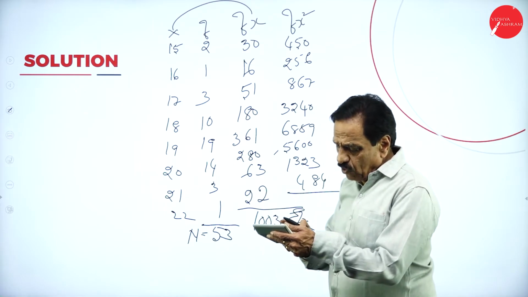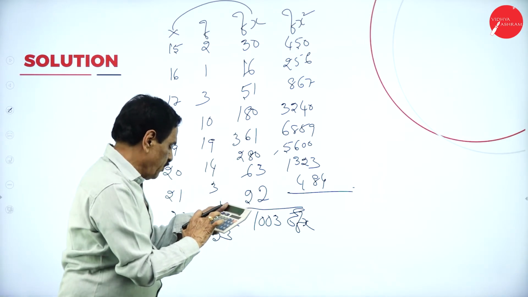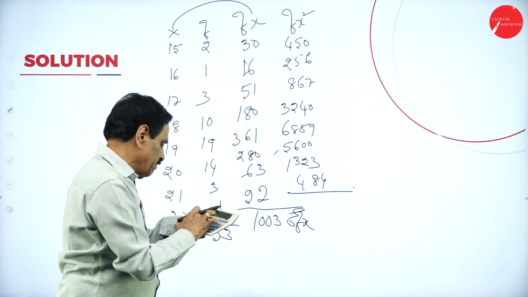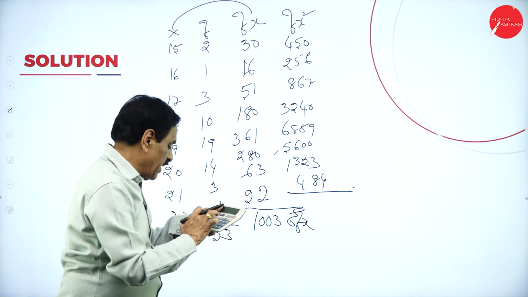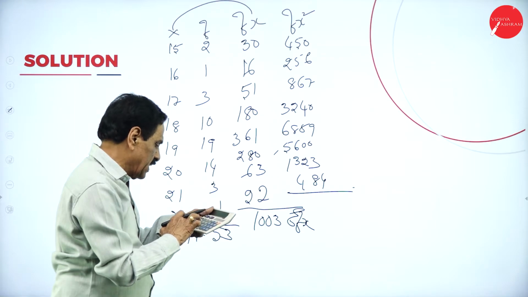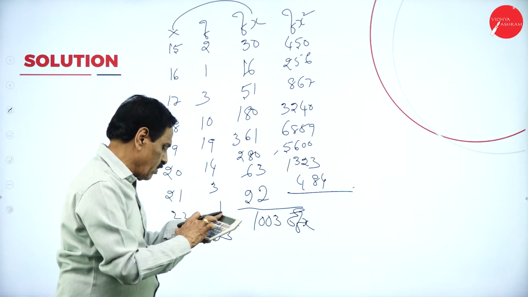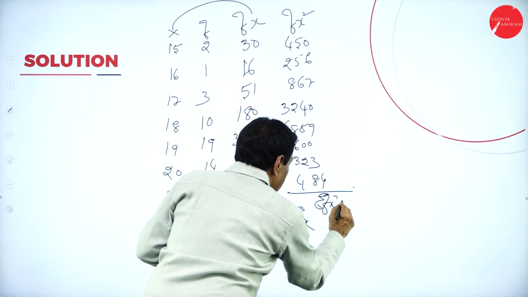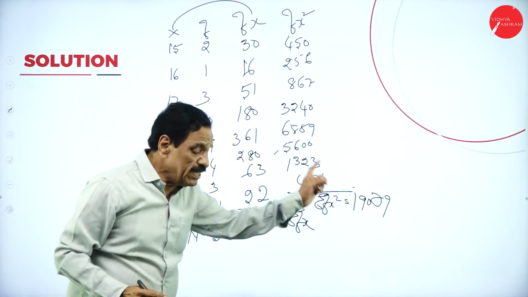The first number is 450, plus 256, plus 867, plus 3240, plus 6859, plus 5600, plus 1323, plus 484. Total it will come to 19,079.